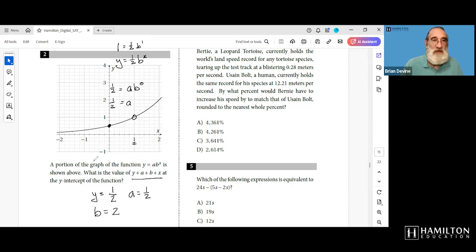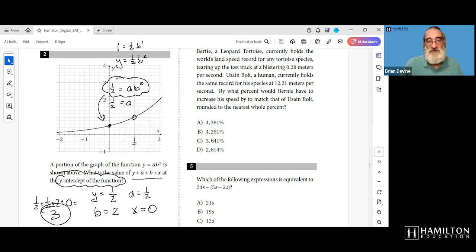That's what I meant to say. And at the y-intercept of the function, we already stated that it's going to be b to the 0. That's what we were looking at initially. And so x would have to be 0. And if I add 1/2 and 1/2 and 2 and 0, that's going to equal 3. So the answer is 3.